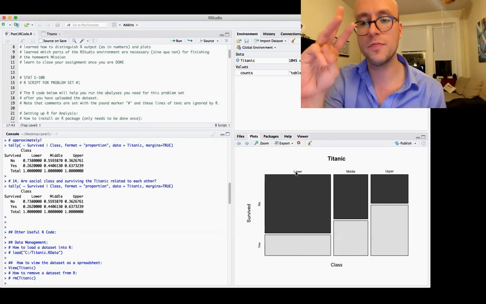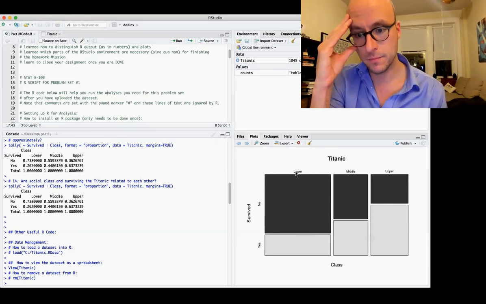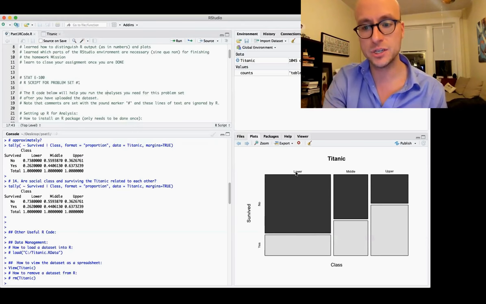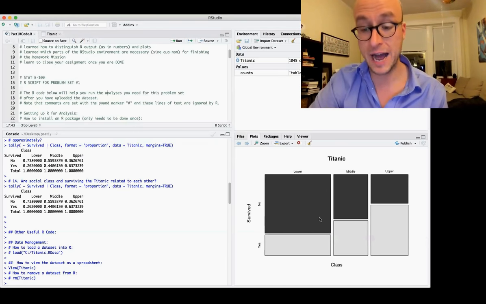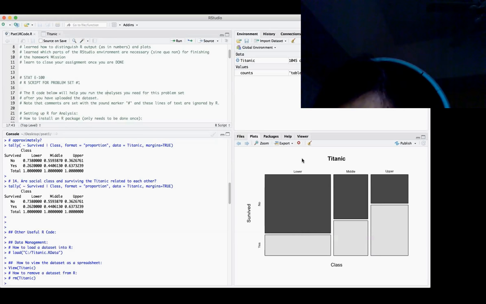But it does one third thing that is not readily apparent, which is it shows you, by the area of each tile in the mosaic, the relative size, the joint probability, you could say, of belonging to two categories.